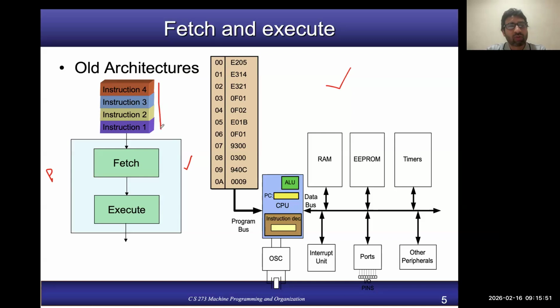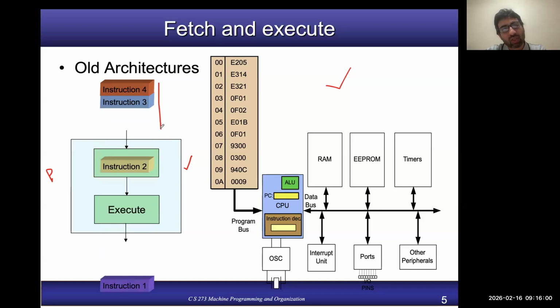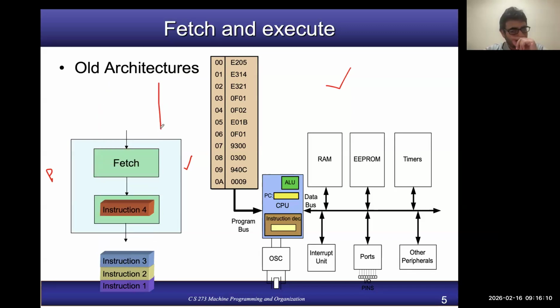Each instruction was first fetched and executed, and once its execution was completed, then instruction 2 was fetched and executed, and once that was completed, instruction 3 was fetched and executed, and so on. This means that at any given time, the processor is working on only one instruction.